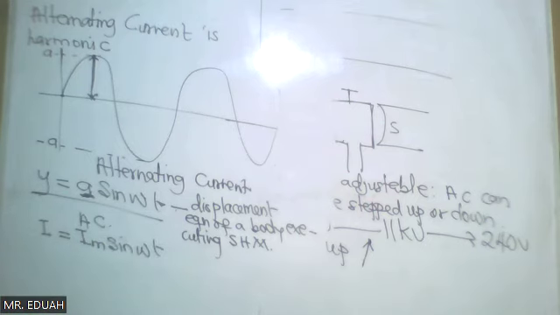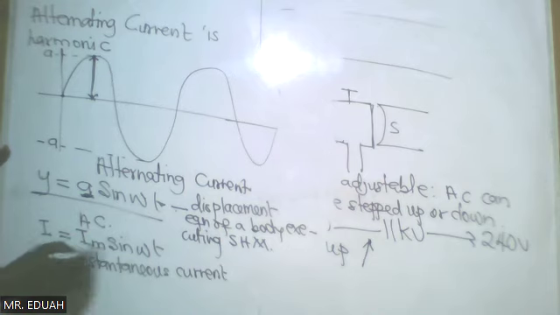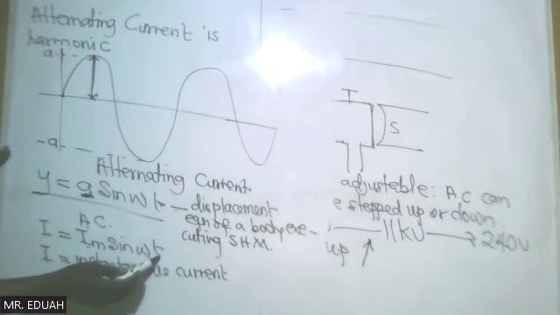Now let's define our letters. This I is known as the instantaneous current, meaning if you know Im, omega, and t, you can determine the current at any time t. So I is known as the instantaneous current.